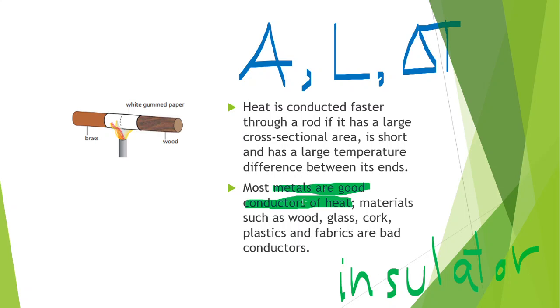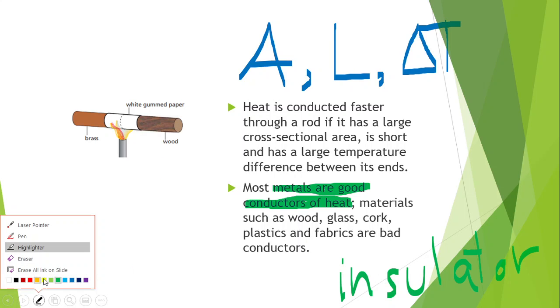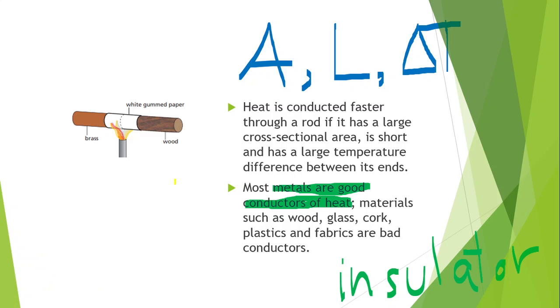Well, this experiment over here is not really written out because it's a very simple experiment and it's not that complicated. So what's happening over here is that this is a heat source, and these are two rods.